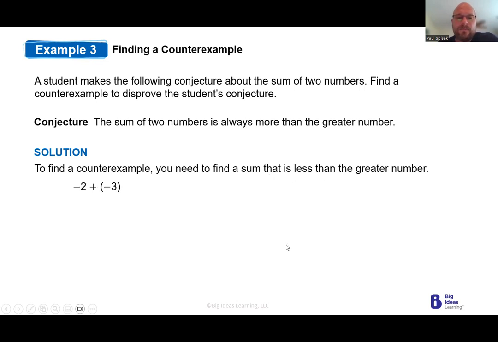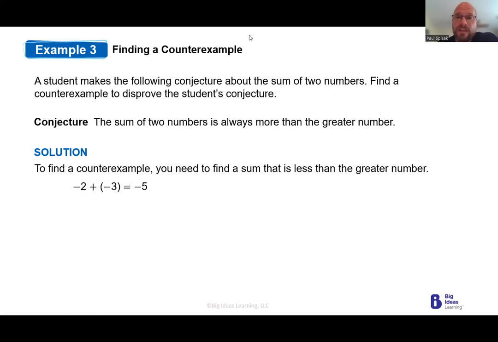So on here, let's see. Well, they chose to do -2 and -3, which gives us a total of -5. The bigger number here was actually, it's going to be the -2 is the biggest number when we put them in order on a number line.